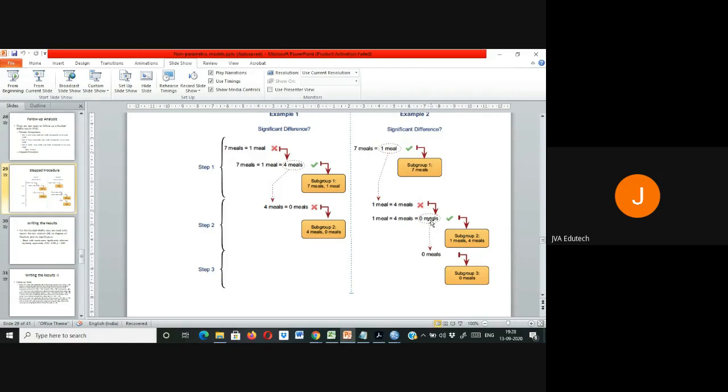This makes the group statistically significant. So we carry the no meals into the third step and conclude that 4 meals and 1 meals are homogeneous groups. In step 3, we have only one group, so there's nothing left to compare it with, and we conclude that it is a group on its own.